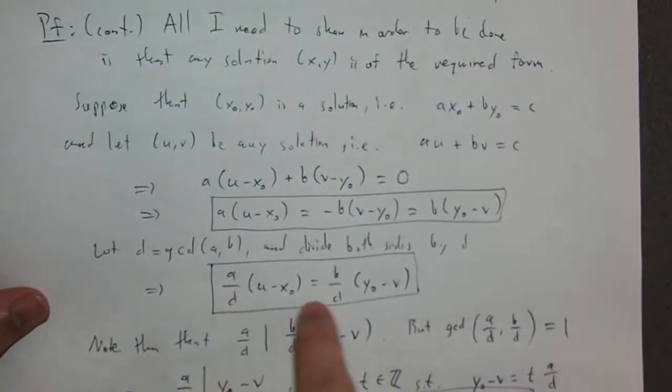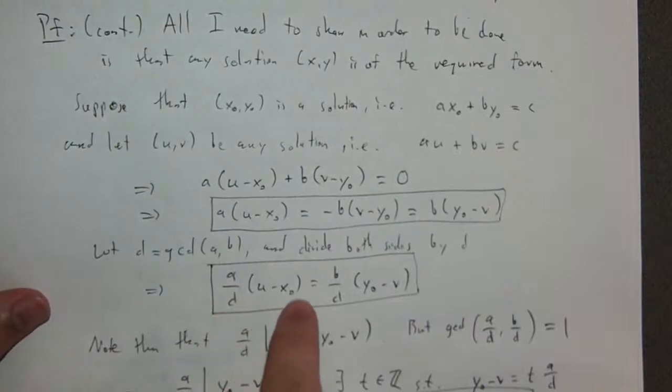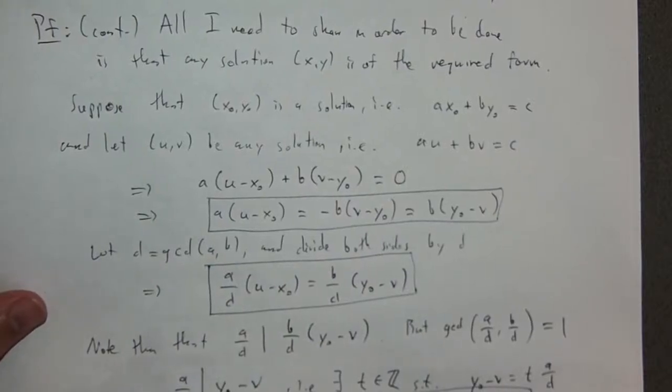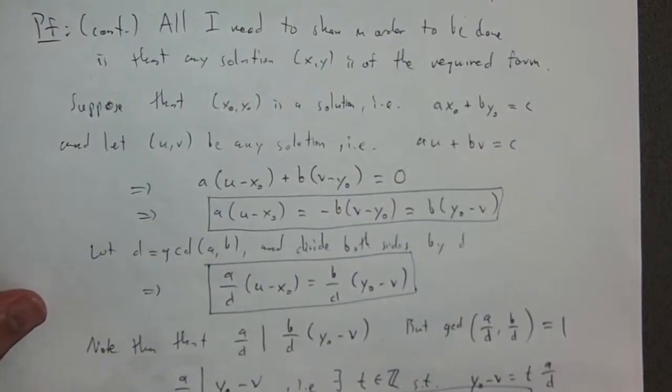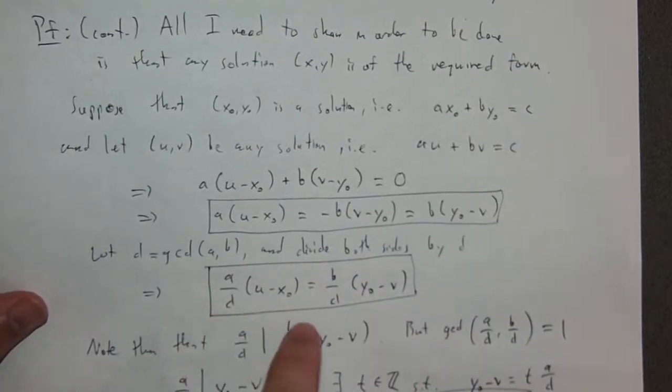Okay. Well, I know that from this statement, a over d times u minus x naught is equal to b over d times y naught minus v. But y naught minus v is some integer t times a over d. So plugging this into this boxed expression here, what do I get?